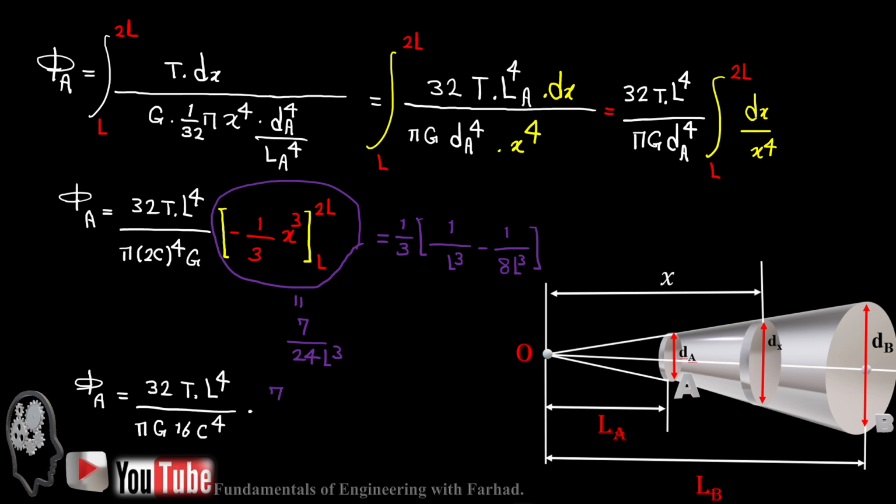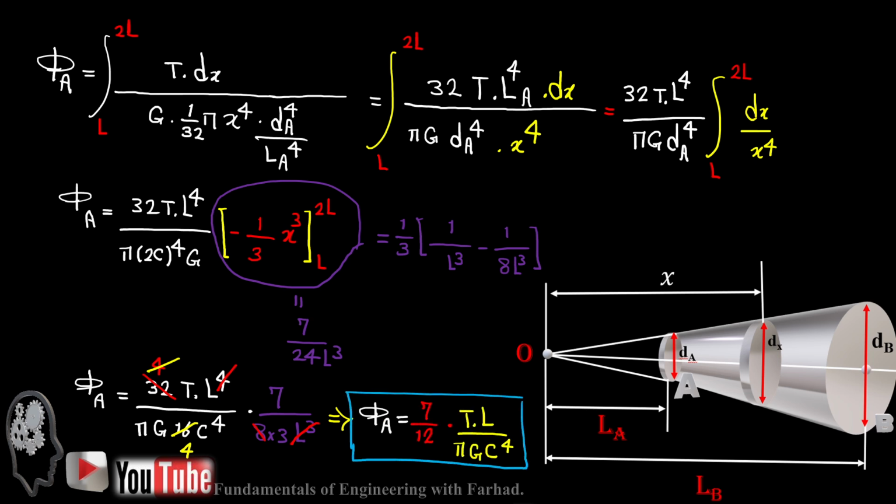And if you plug it into the phi A equation and cancel out what you can cancel, it just gives us phi A is equal to 7 over 12 T L over pi G c to the 4th, where c is the radius here, and this part is 2c based on the problem statement.